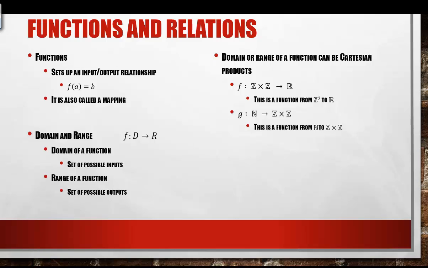A function can take an input and produce an output, and in every function the same input always produces the same output. But two different inputs may also produce the same output. So these are two important facts to remember about functions.